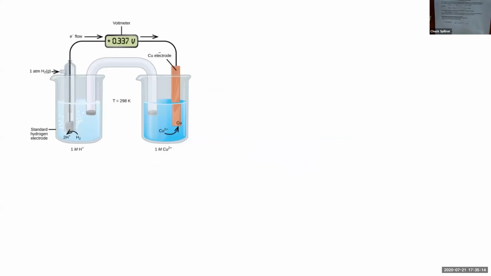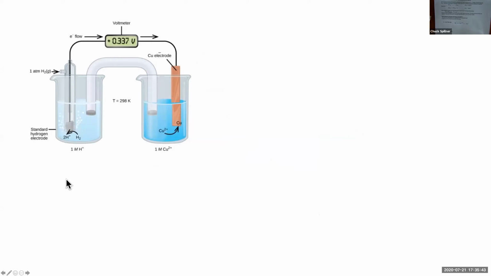So let's look at how these cell potentials are actually developed. Here's a cell that's set up, a reaction between the standard hydrogen electrode and copper. If you run this cell, you'll realize that the spontaneous reaction occurs where the hydrogen gas, H2, is oxidized.